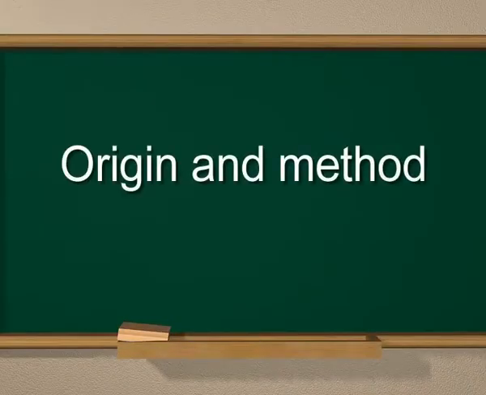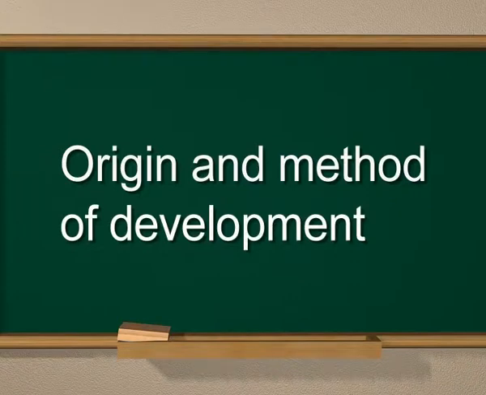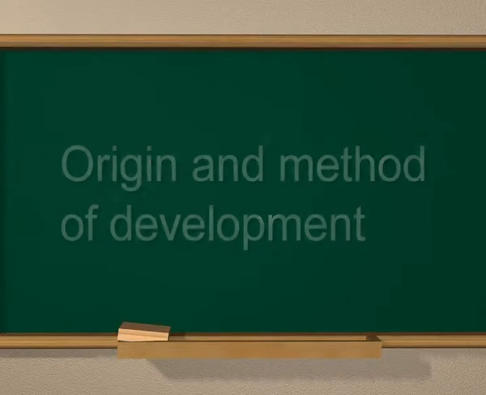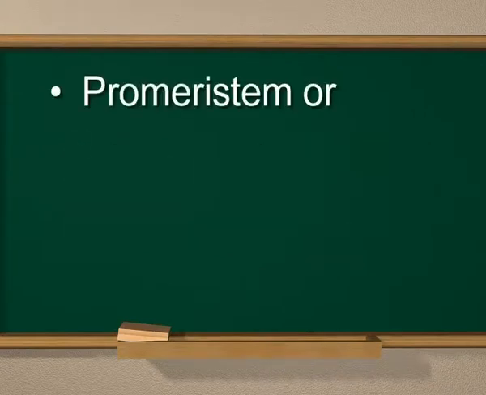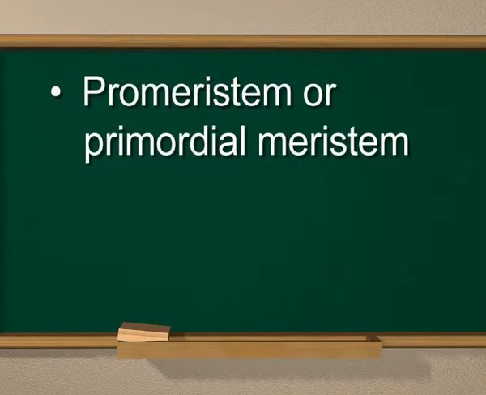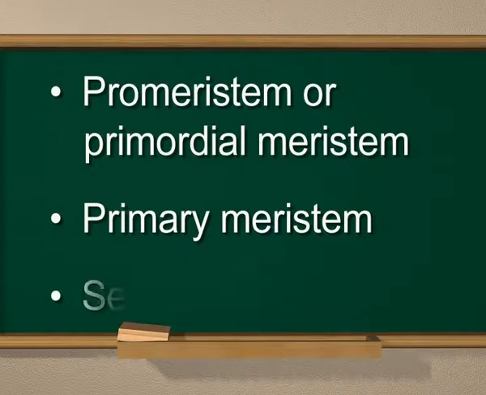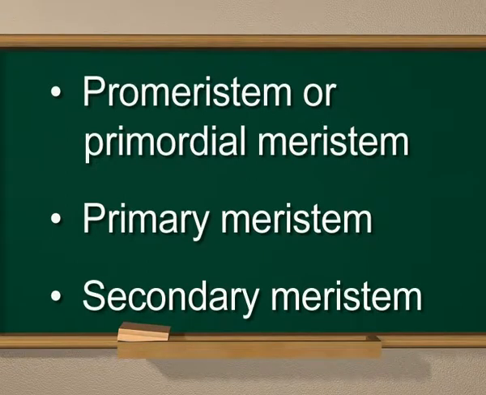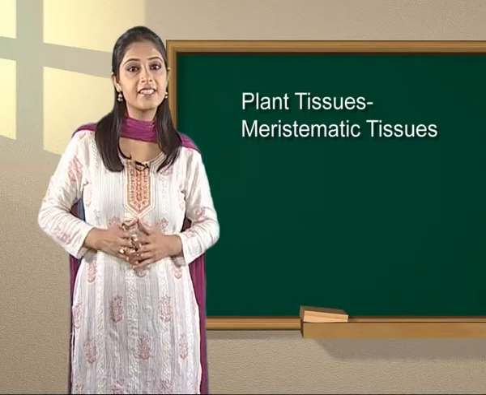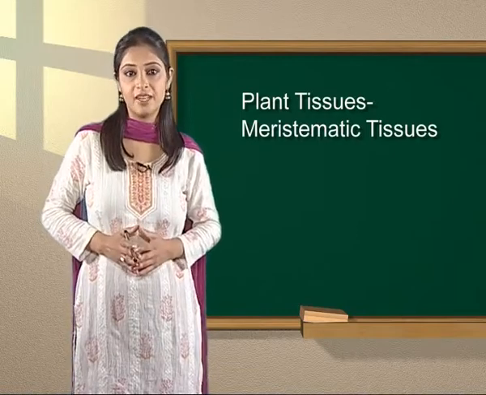Based on origin and method of development, meristematic tissues can be classified into three types. These are promeristem or primordial meristem, primary meristem and secondary meristem. Let us discuss these types one by one.